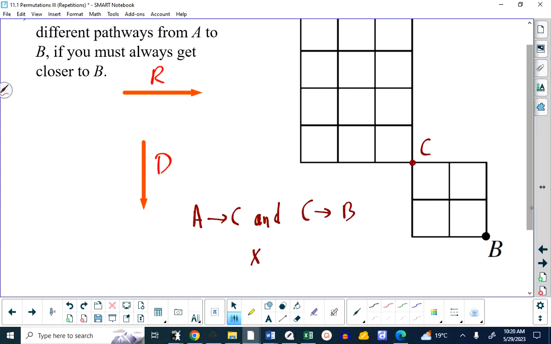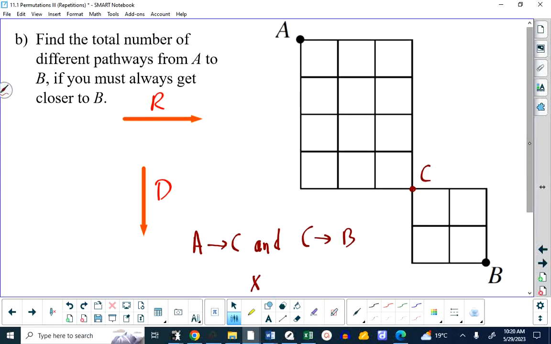So how many ways from A to C? Well, look at the diagram. I need to make moves right, right, right, right, down, down, down. I need to make 4 moves to the right, 3 moves down.